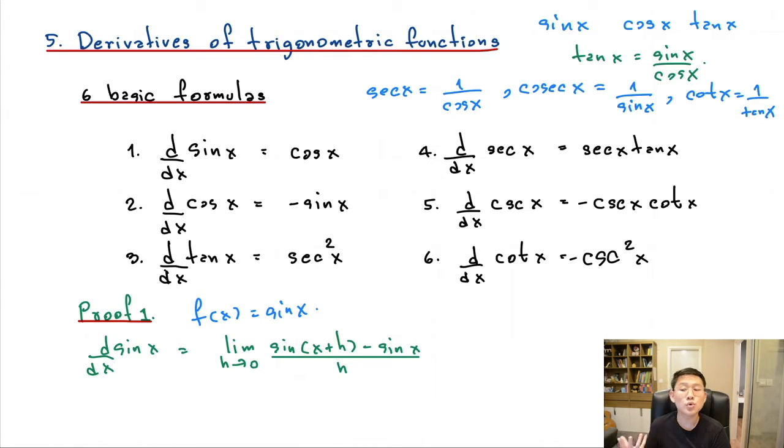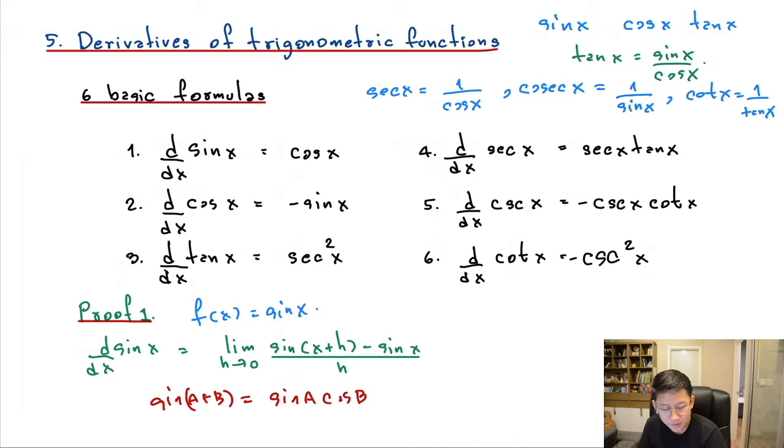And then you use the property of sine: sine of (a plus b) is sine a cos b plus cos a sine b, and then you try to go from there. It won't be that hard.